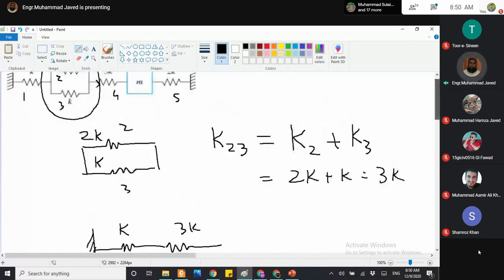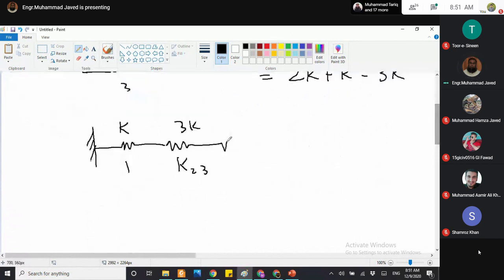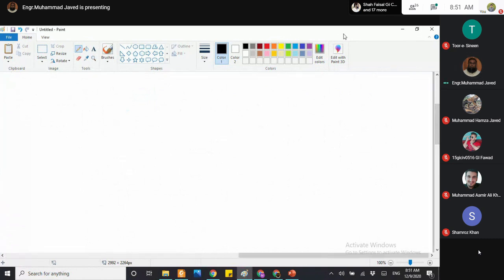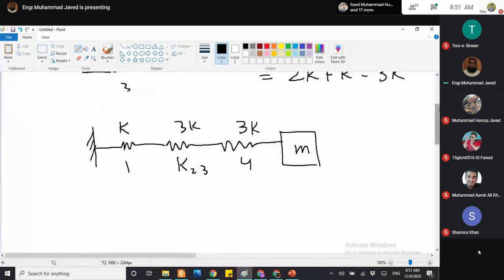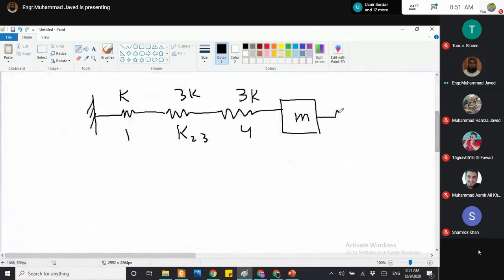Then we have another spring 3K. Then we have a mass, and we have another final spring, spring number 5, with stiffness 2K.